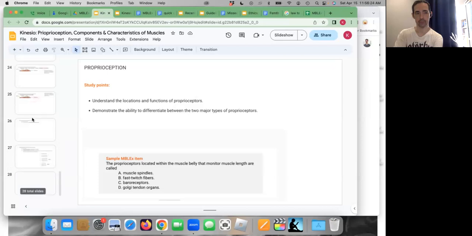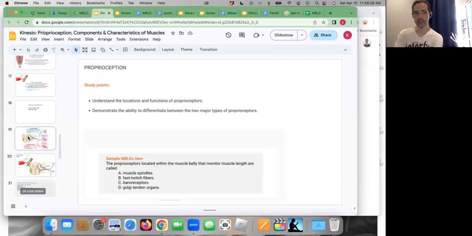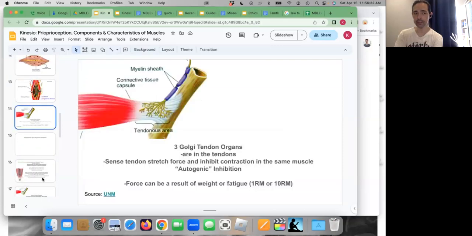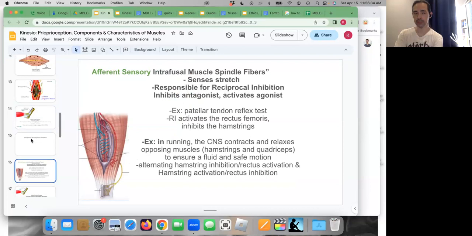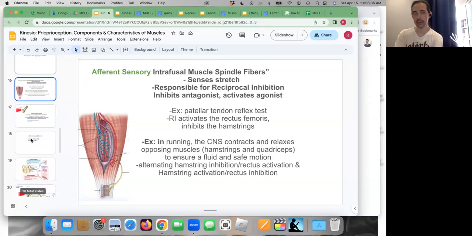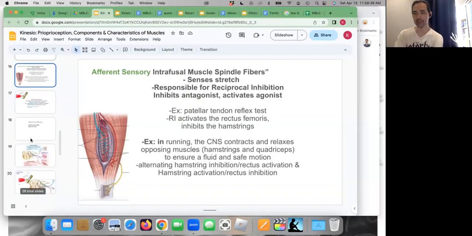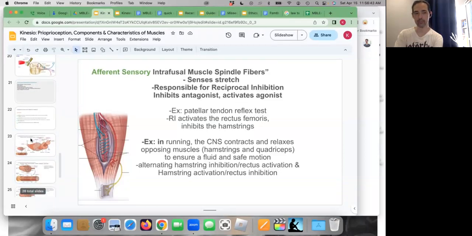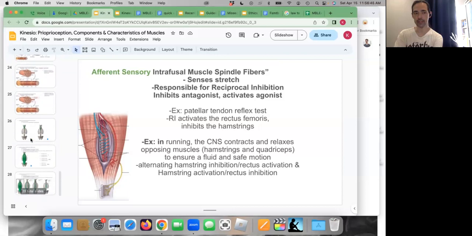So here we go. You guys remember this: kinesio-proprioception, components and characteristics of muscles. This included all the information on Golgi tendon organs and muscle spindle fibers. You remember sensory afferent muscle spindle fibers, intrafusal muscle spindle fibers. We can review that if anybody needs to.